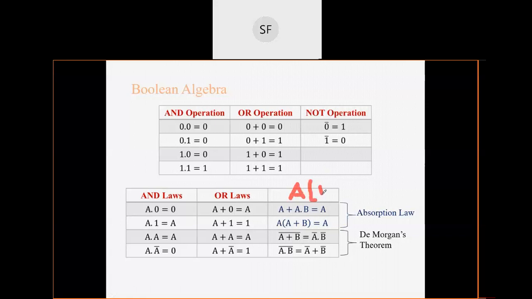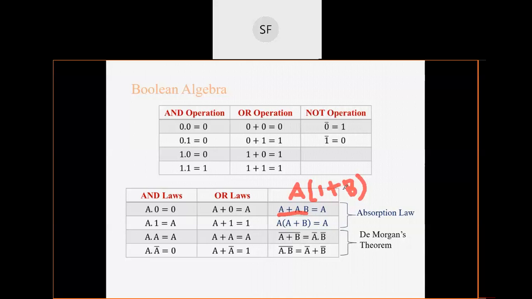The bracket will be 1 plus B. Now what is the value of 1 plus B? You have to realize that 1 plus B is nothing but the OR operation.